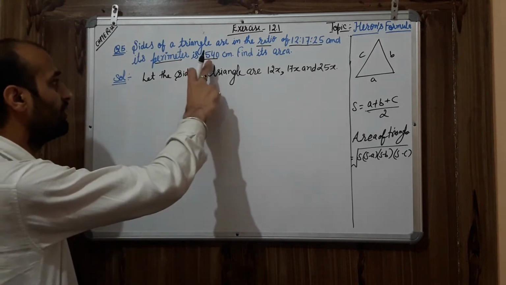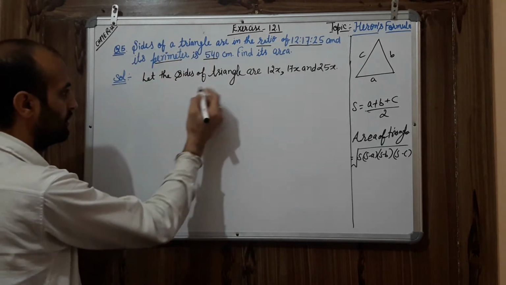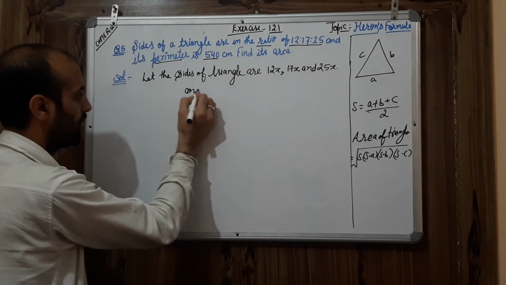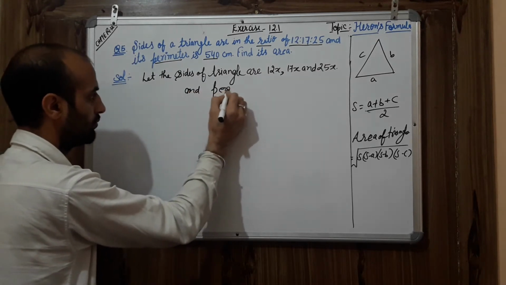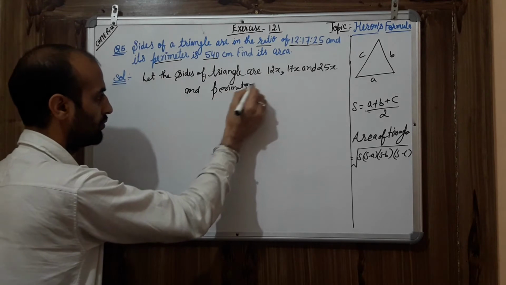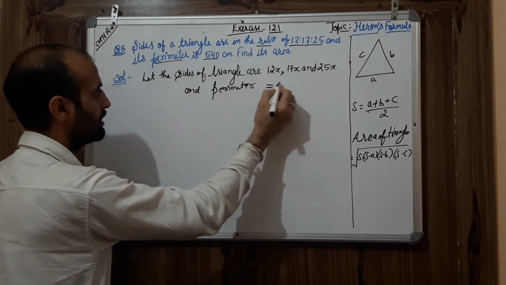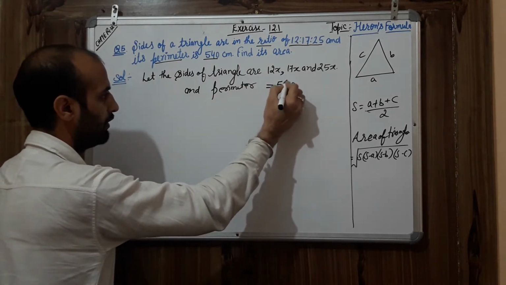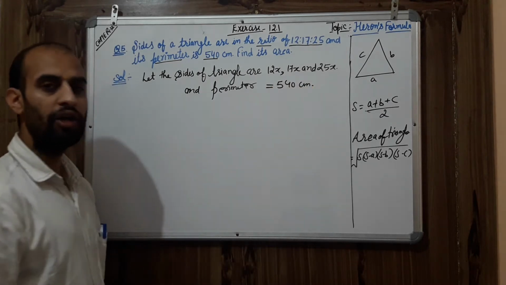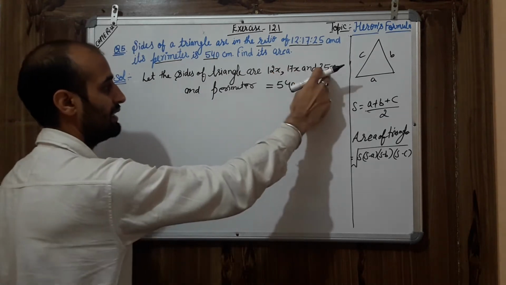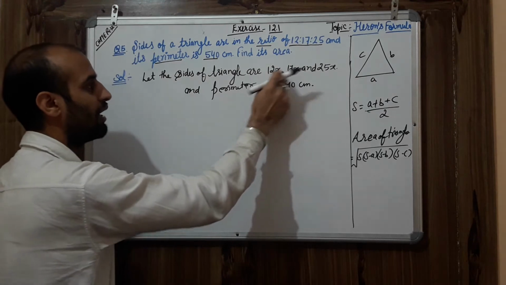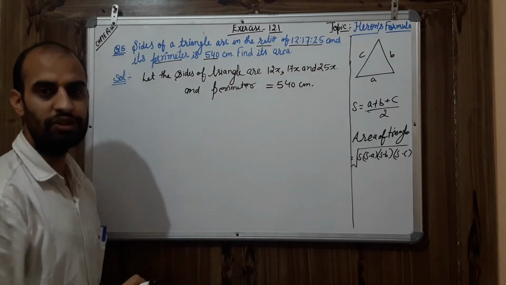So now what is the next thing? We have been given the perimeter, and we can write perimeter is equal to 540 centimeter. Now you all know if these are sides and this is the perimeter, we need to add them and it is equal to the perimeter.